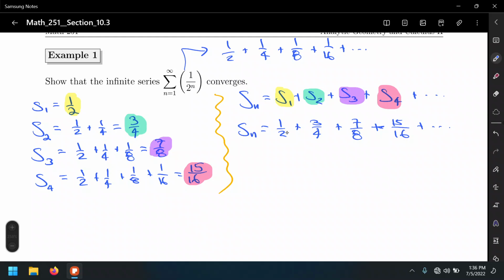Notice this sum of terms doesn't come from expanding the series. This sum comes from setting up the sum of partial sums, the sequence of partial sums. Well, in the previous section, in the sequences section, we did coming up with a few terms of the sequence by just plugging in the values of n, 1, 2, and 3, and 4, a few terms, 5 terms, 4 terms, all depending on the question.